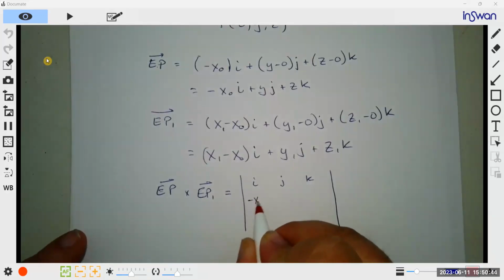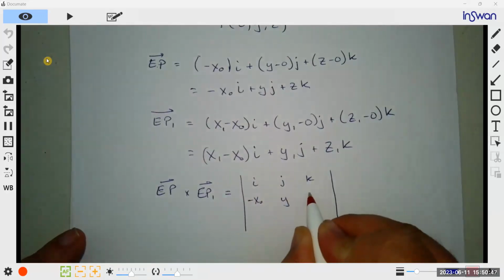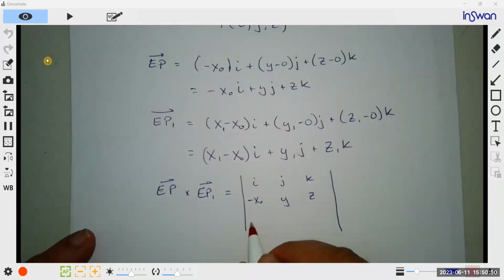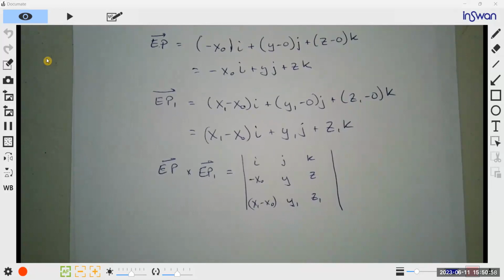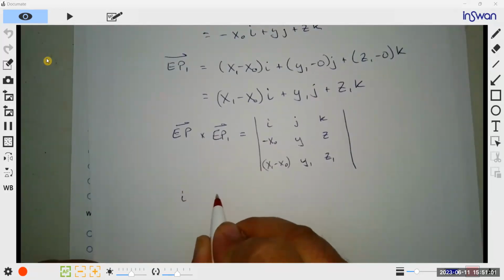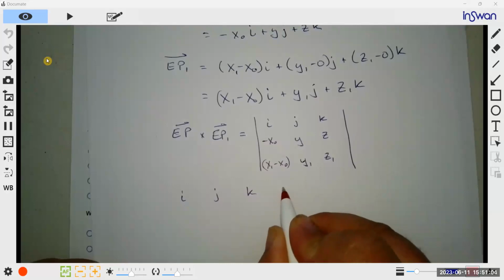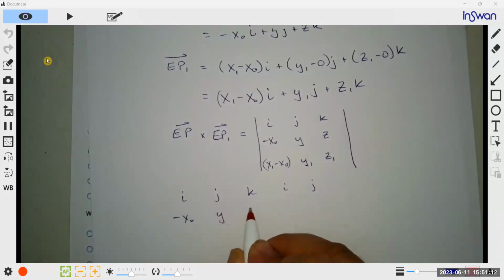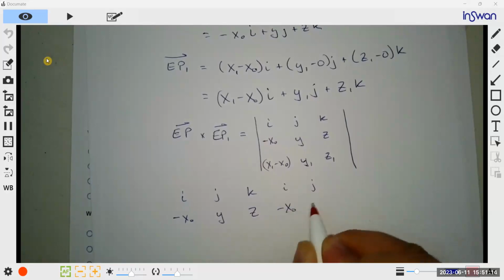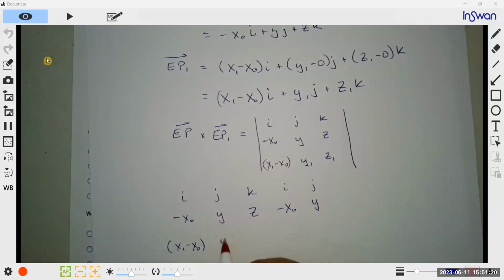EP is negative x0, y, z. EP1 is x1 minus x0, y1, z1.